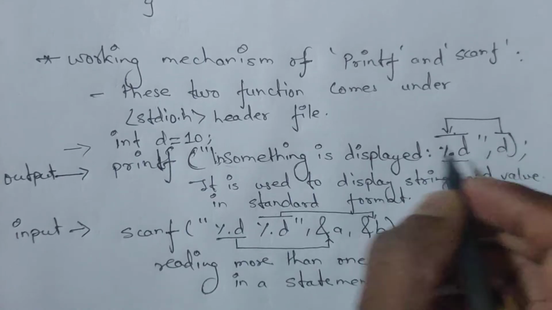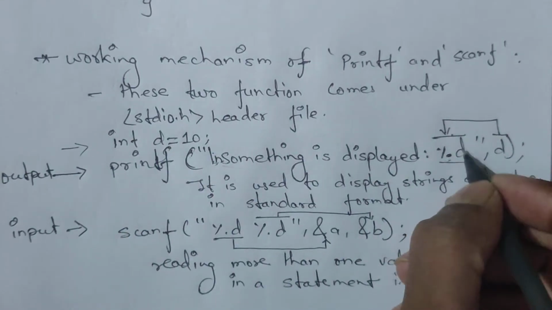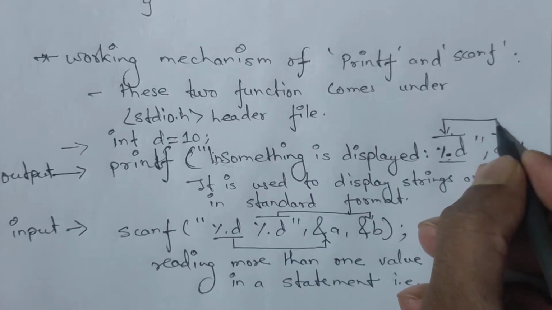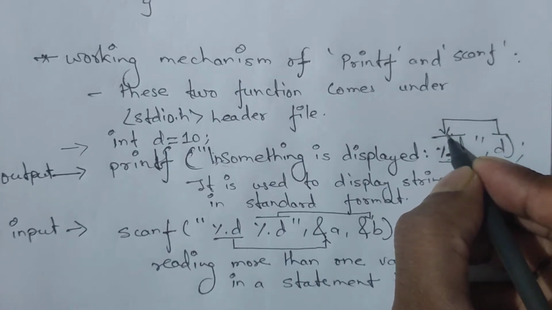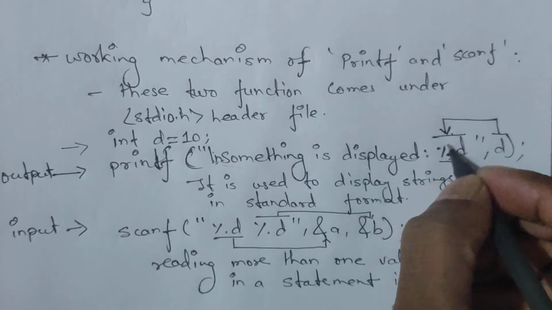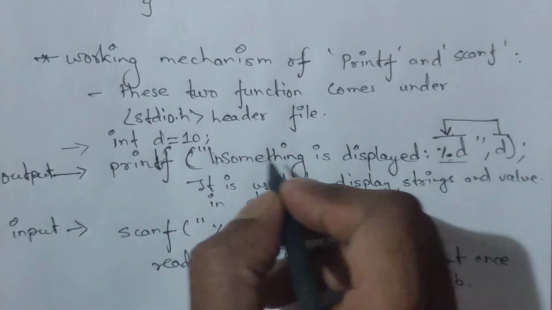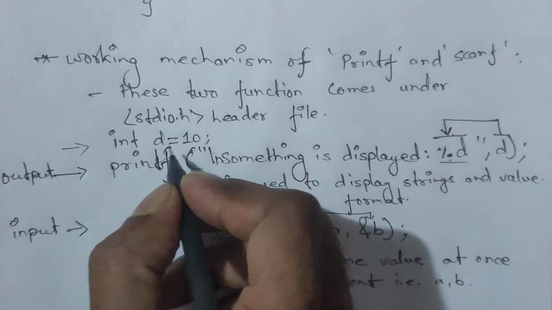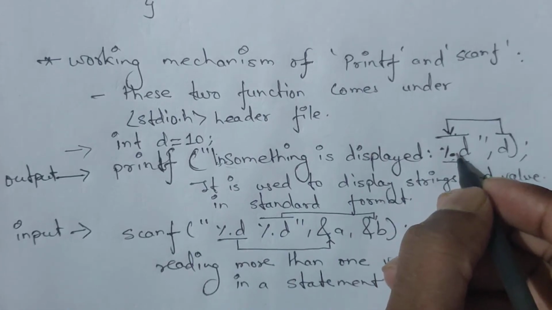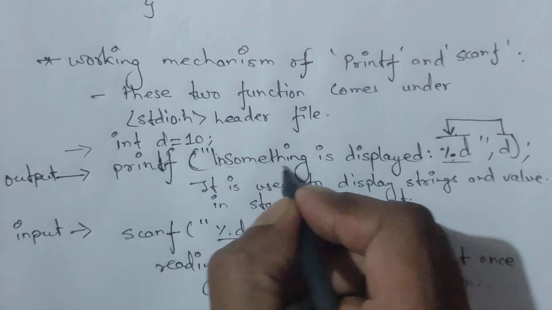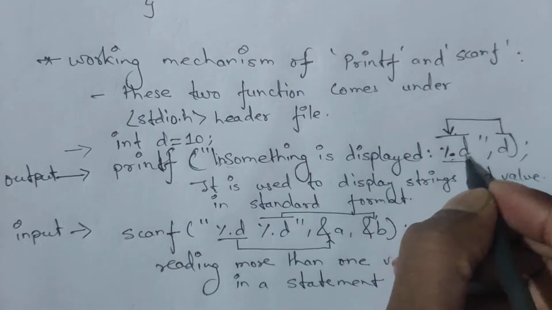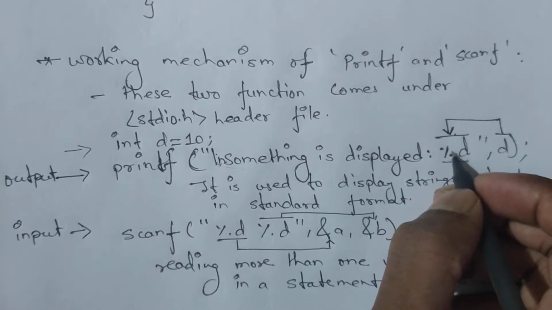What is the value of d? 10. So in the place of %d, d will give its value. So in the place of %d we will get something is displayed, that is, something is displayed 10. So we will get this much output, and instead of %d we just get the value of d.